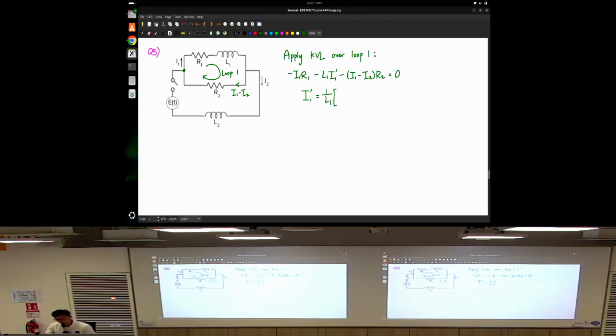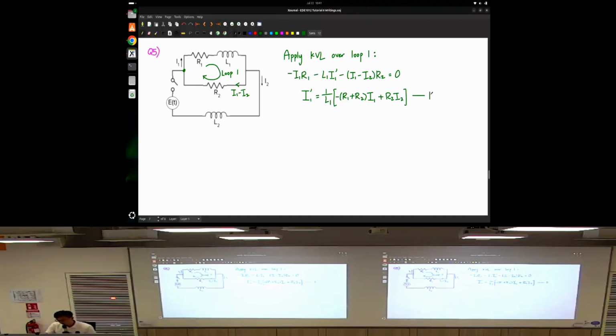You can see there's a minus I1 here, and a minus I1 here as well. So that gives me minus (R1 plus R2) times I1, then plus R2 times I2. So that will be my equation 1.